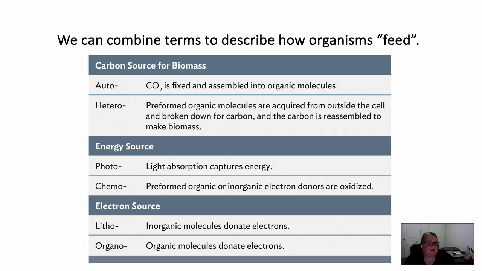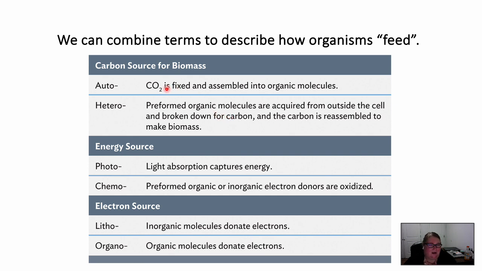We can take each of these terms and use them to describe how organisms eat, how they feed. Auto and hetero describe where we get our carbon source for biomass. Autotrophs use CO2, and heterotrophs use a carbon source found outside of them.